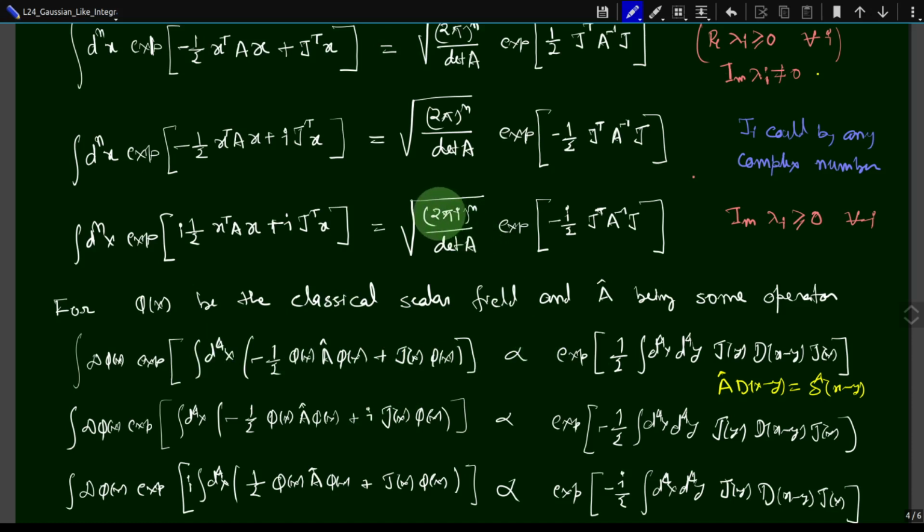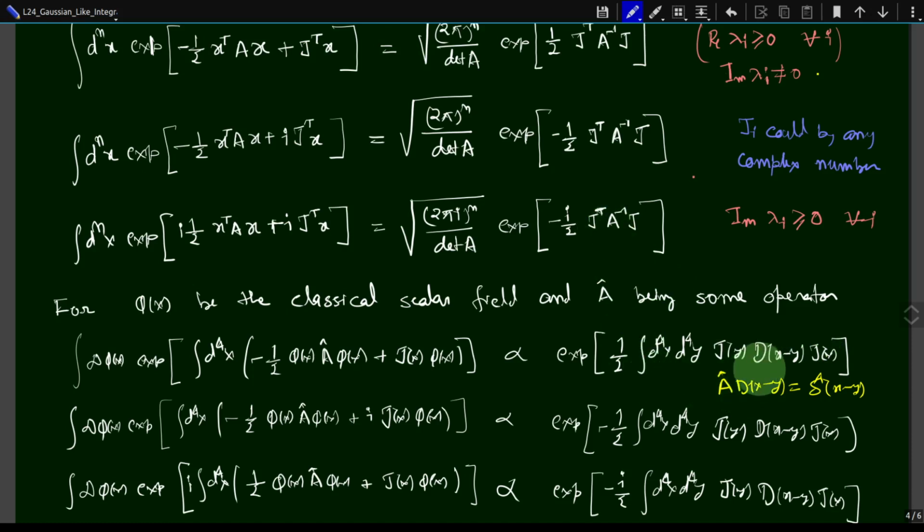Now I'm not writing the corresponding functional determinant part. I'm interested in this thing because this is what is going to be used mostly in various studies. So I'll just say that this particular integral is proportional to exponential of half the integral dx dy j of y D of x minus y j of x. It's a double integral because here two indices are summed over, A inverse being a matrix.